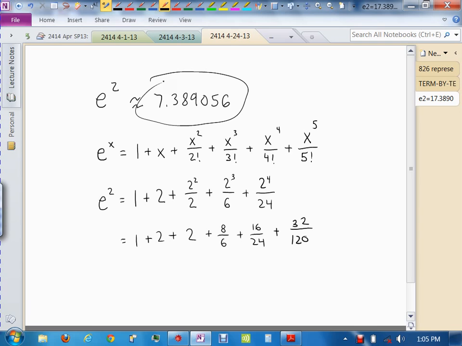When you type in e squared, your calculator is actually doing this arithmetic here. It's just stopping at some point. And if you want more decimals, it'll go further out. Does that make sense? So almost every function can be represented as a power series.